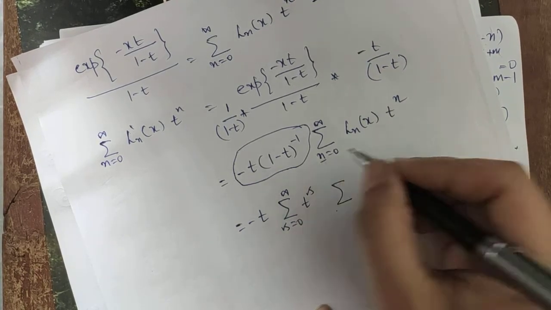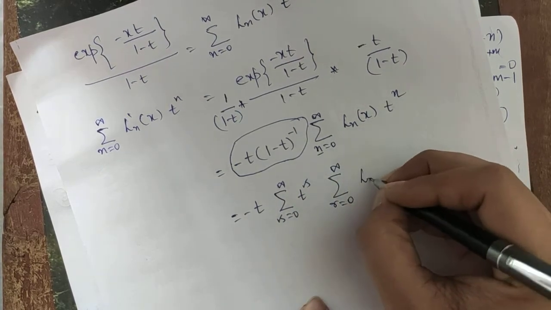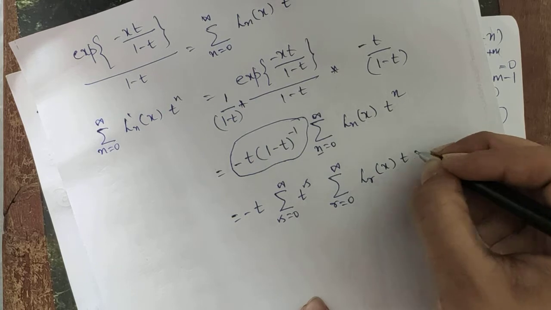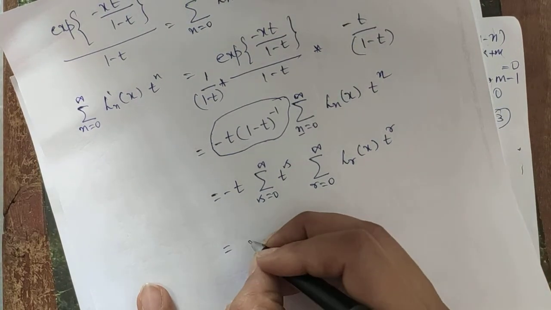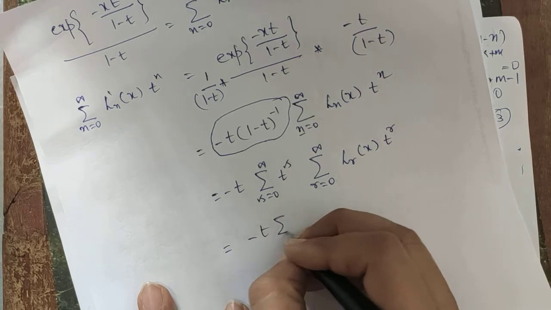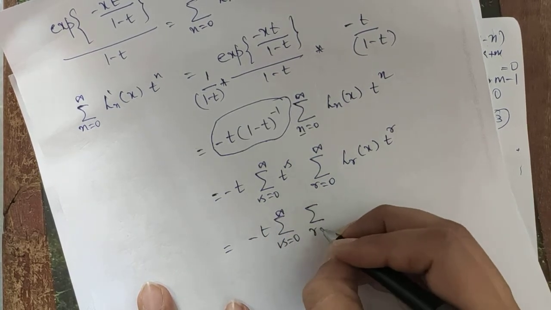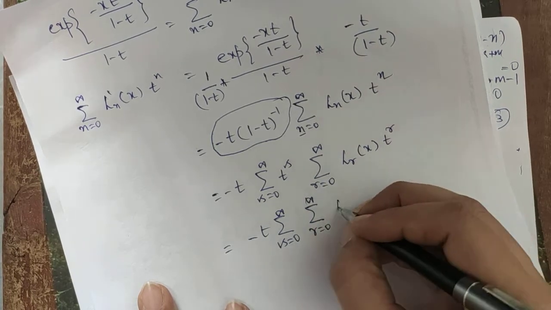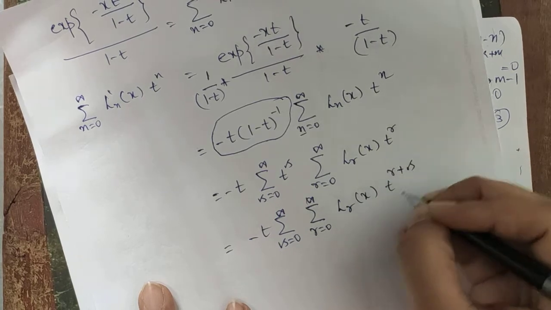Here I will replace n by r. r equals 0 to infinity Lr(x) t^r. So this is nothing but −t into summation s equals 0 to infinity, summation r equals 0 to infinity Lr(x) t^(r+s).